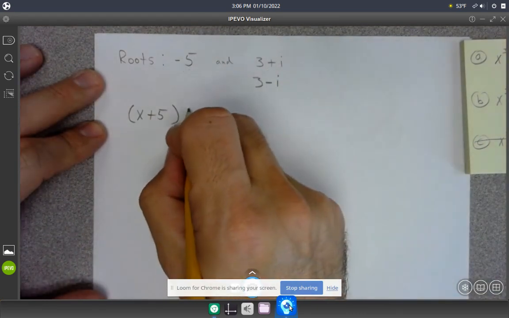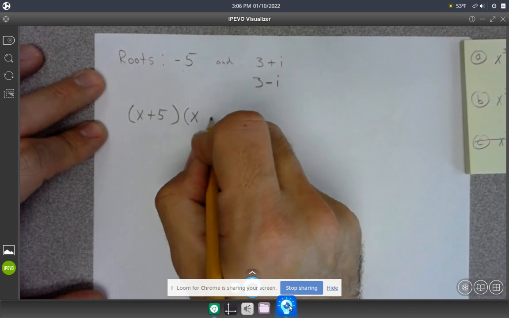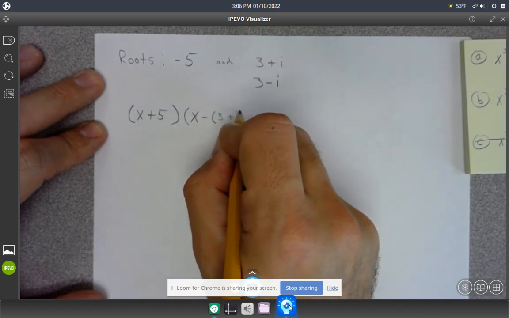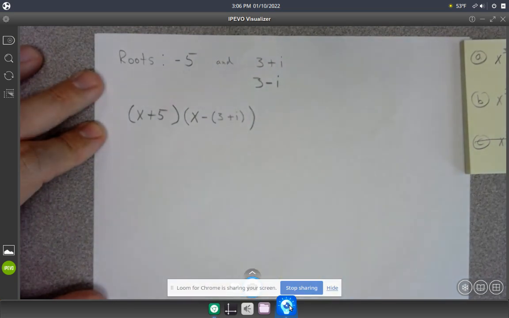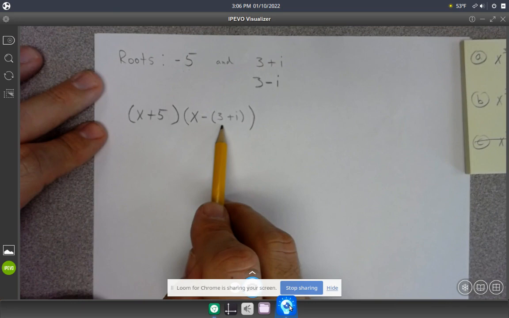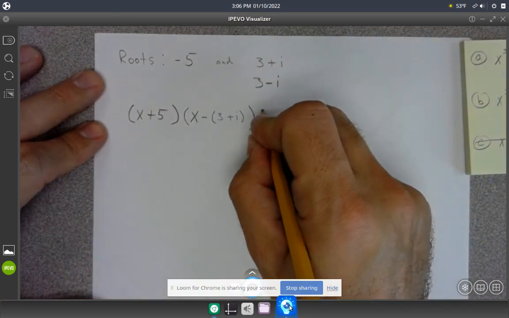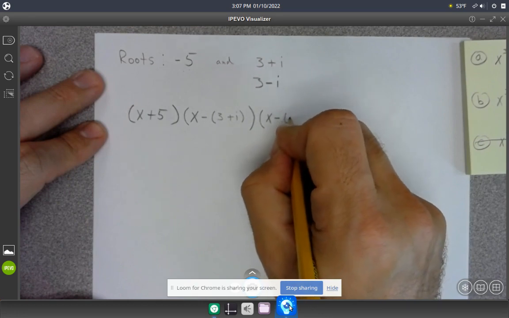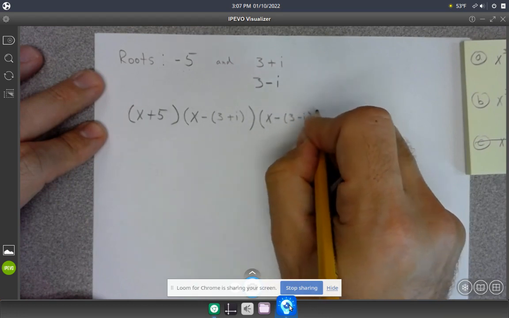If 3 plus i is a root, then x minus (3 plus i) is a factor. Now I'm wrapping it in parentheses because I want to do x minus that entire thing. And then I'll do the same for its conjugate. x minus (3 minus i).